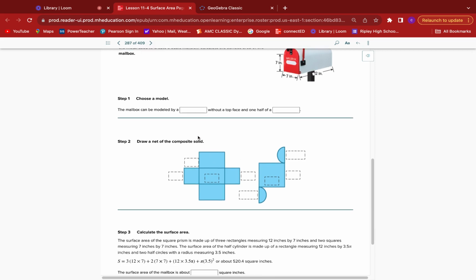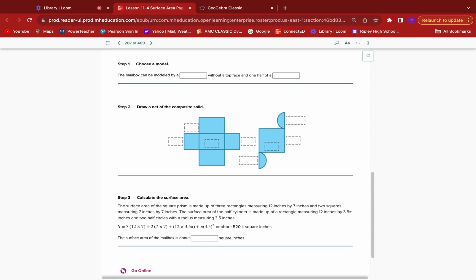So that's why there's not an extra rectangle right here. You're going to multiply 3, because there's 3 rectangles, 7 times 12, 7 times 12, 7 times 12. There are 2 squares, 7 times 7 and 7 times 7, 2 of them.